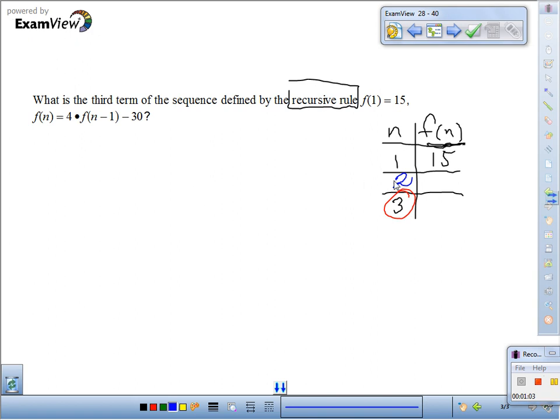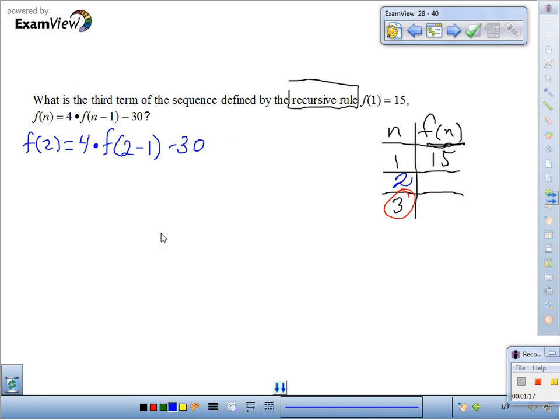So you still need to fill this one in. So let's start with f of 2. F of 2 equals 4 times f of 2 minus 1 minus 30. I know some of you already did this, but let's do it again. You get extra practice, yes?